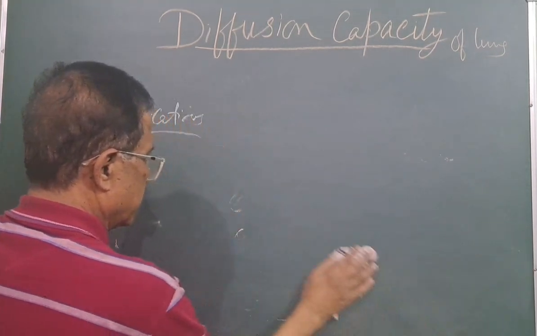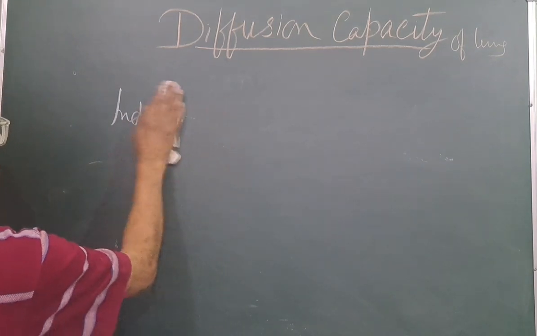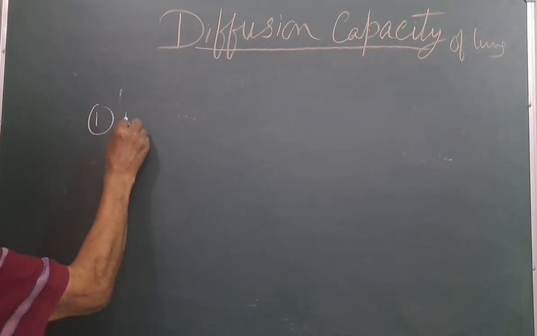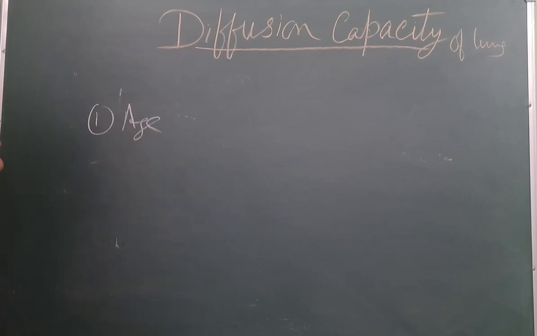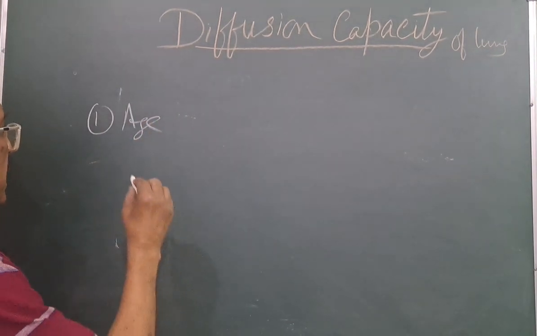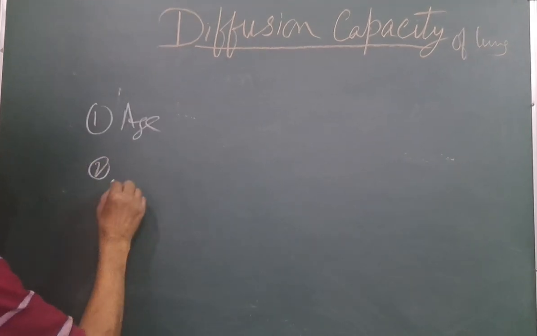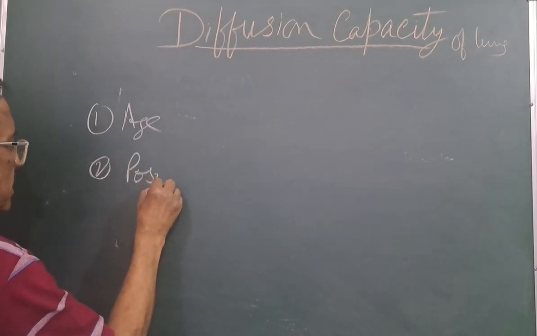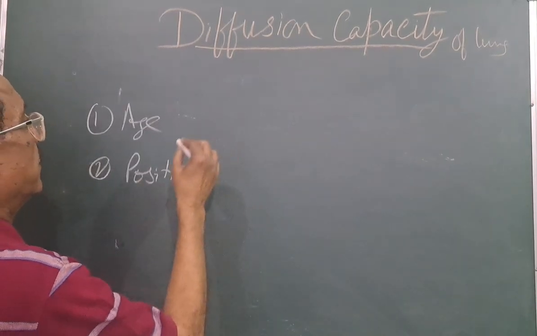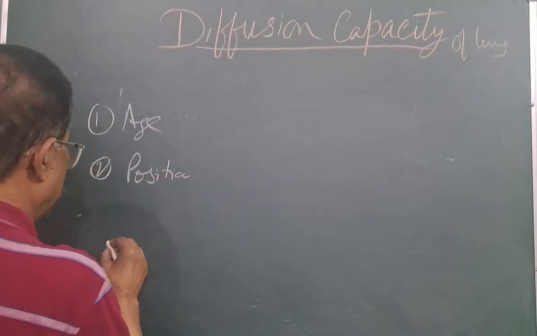This diffusion capacity depends on age. In young age, around 20 years, it is maximum. Then position. In lying down position, diffusion capacity is less.